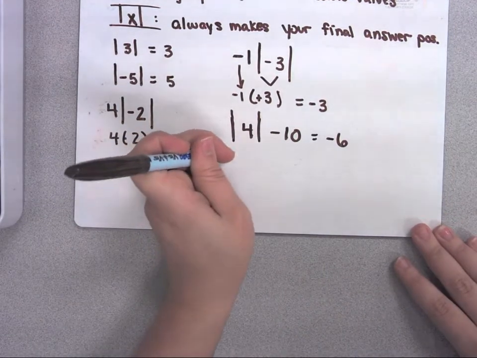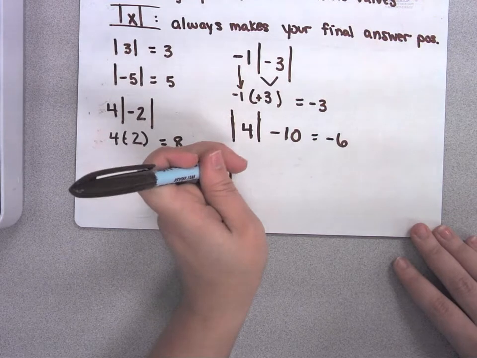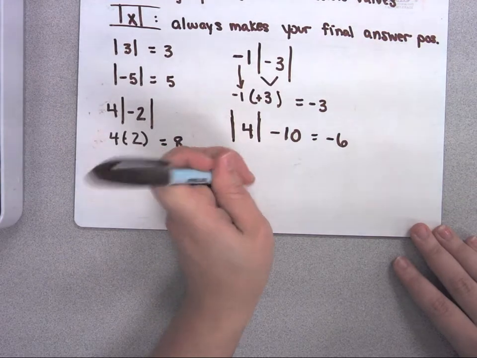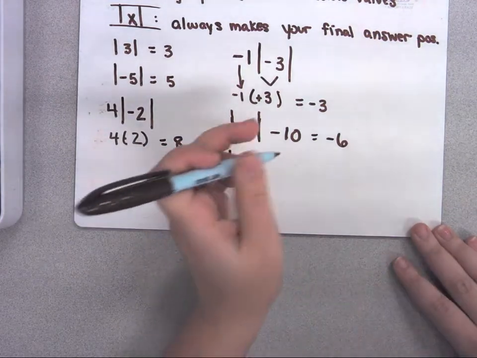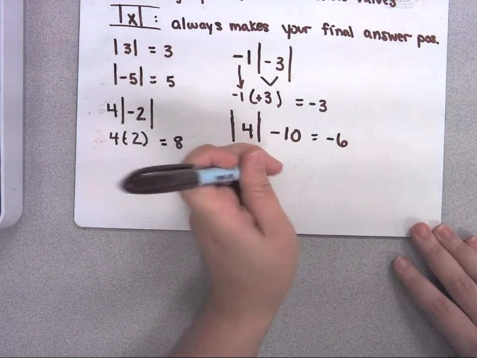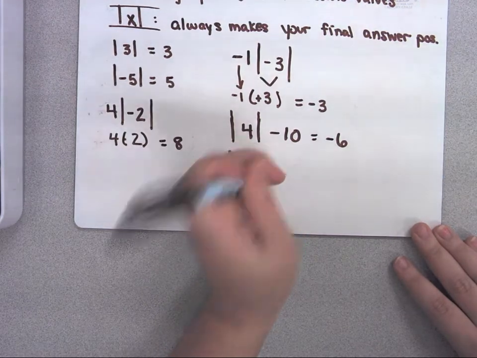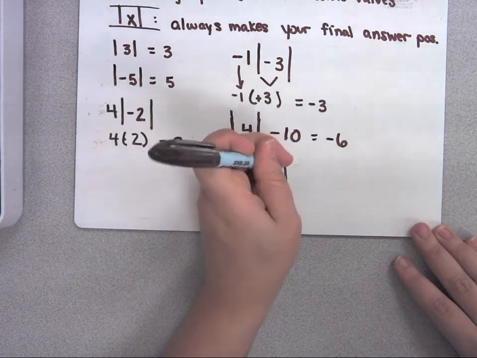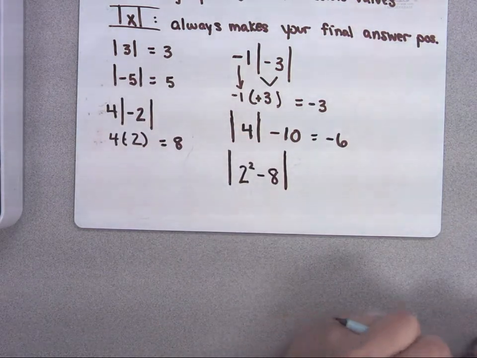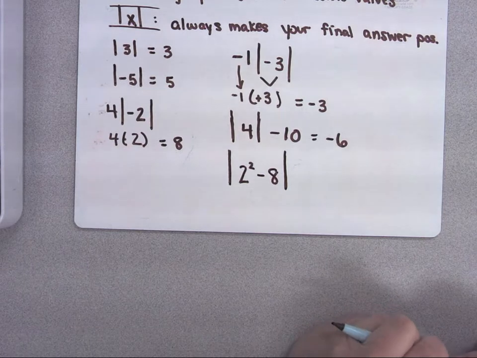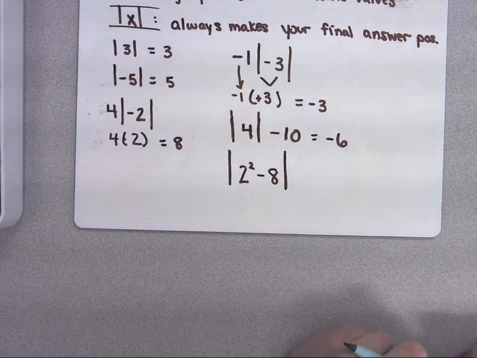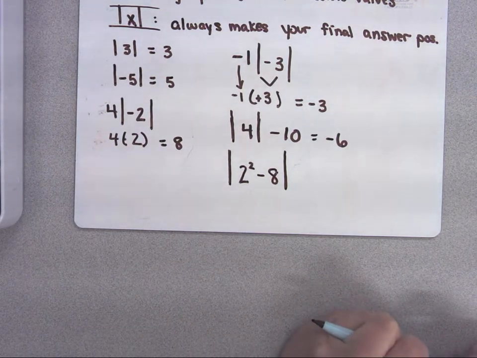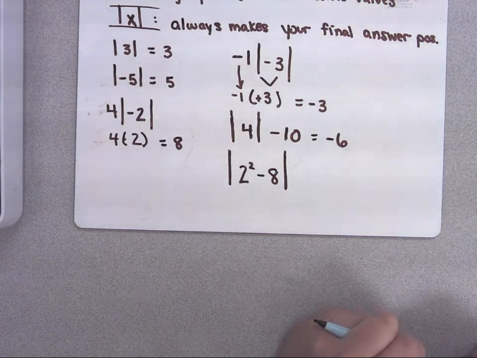Yep. What about this guy? How about the absolute value of 2 squared minus 8? Now with this guy, think of it like parentheses. You have to simplify the inside first before you deal with the absolute value. So what are we going to do first? Think of your order of operations.